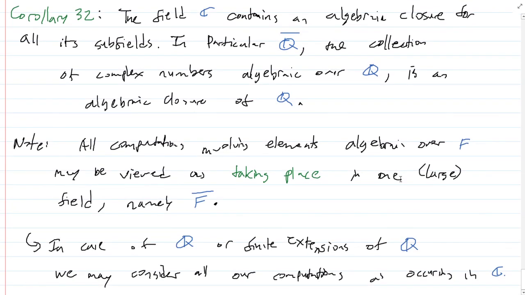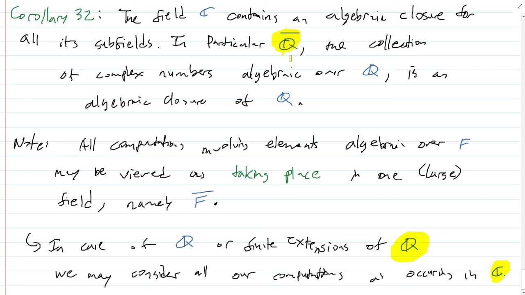The point of all this is that all computations involving elements algebraic over F may be viewed as taking place in one large field, namely F bar. In the case of Q, for finite extensions of Q, we may consider all our computations as occurring in C. So whenever you're dealing with finite extensions of Q, you can view them as embedded in C or in Q bar.